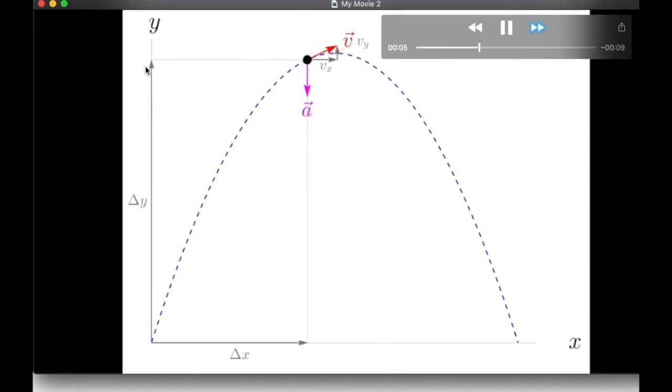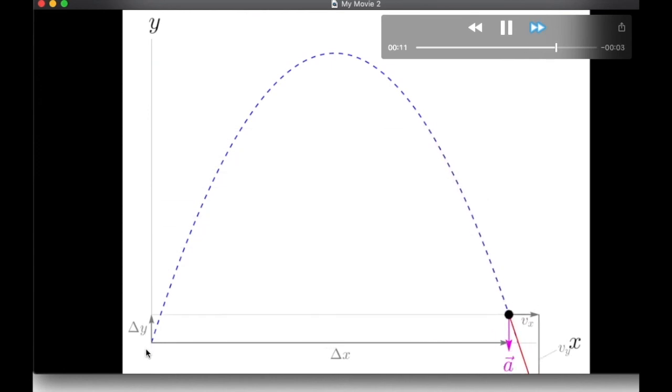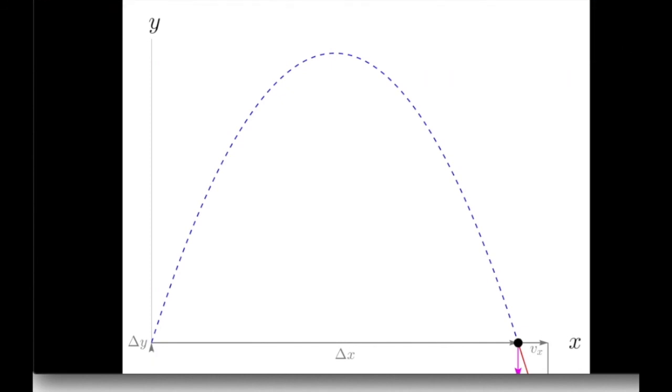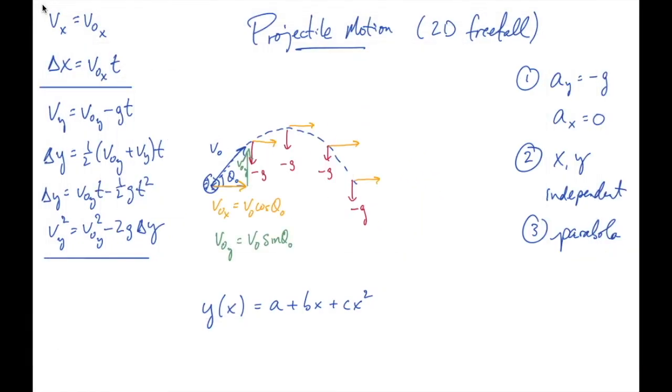It reaches the maximum where Vy equals 0, and then it starts to fall. All right, so hopefully that animation gives you a feel for how these parameters are changing or staying constant as the projectile moves. I want to do a couple of examples now that will focus on some values of the velocity and displacements at key points along the path, and then we'll look at some problems.